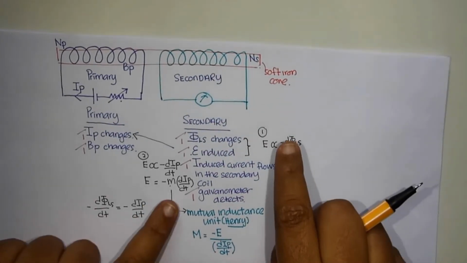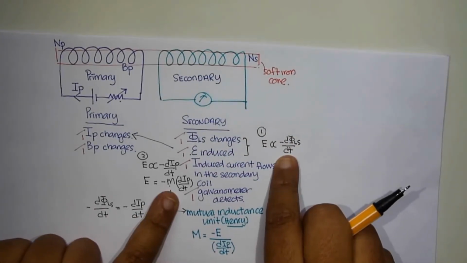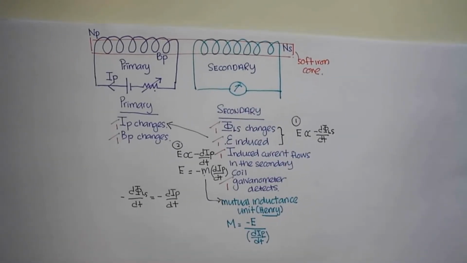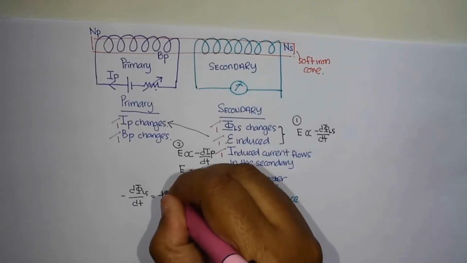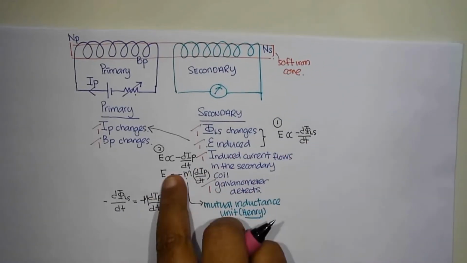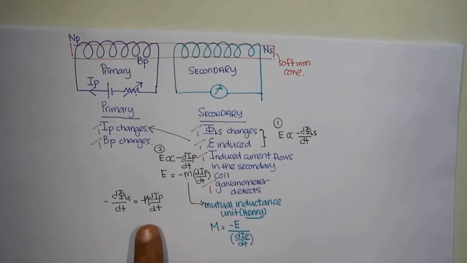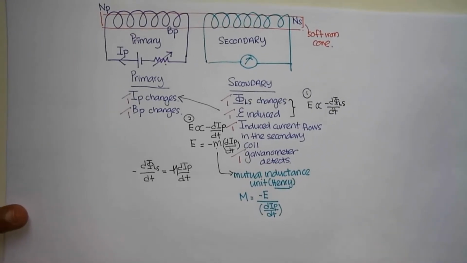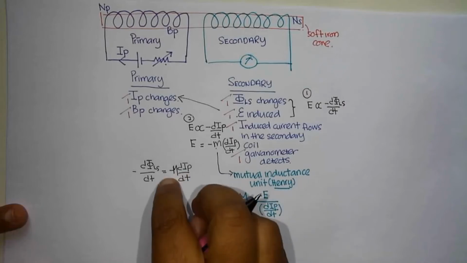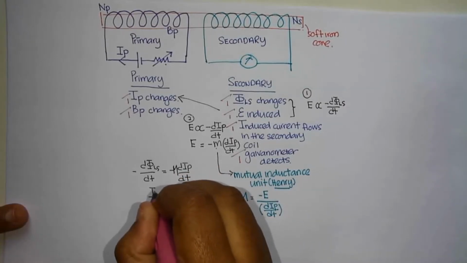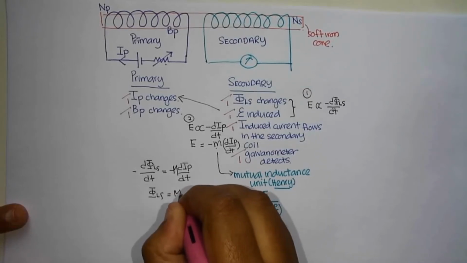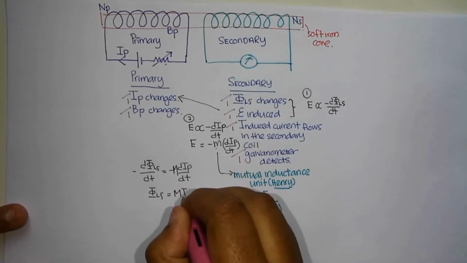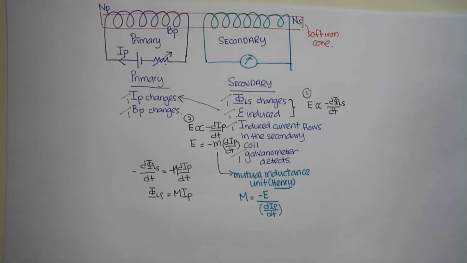Then I try to combine these two. I combine these two, the induced EMF, and I get my M here. So from here I know that the magnetic flux linkage is equal to M times the current in the primary coil.